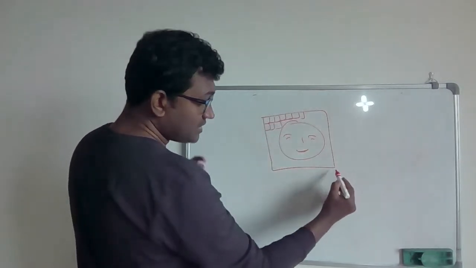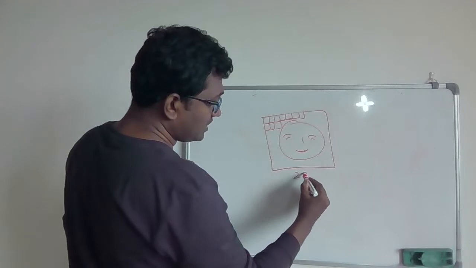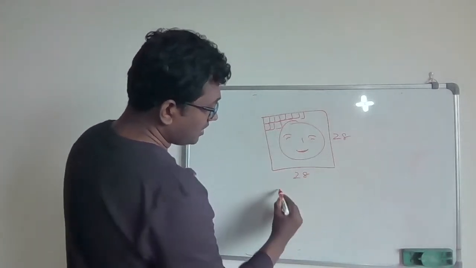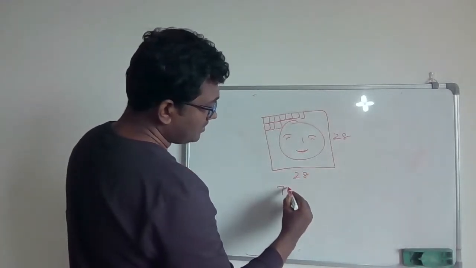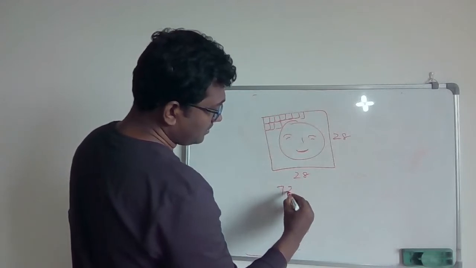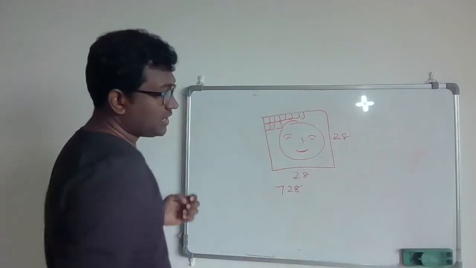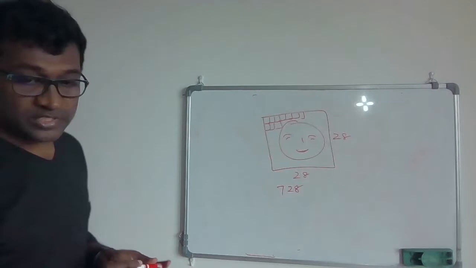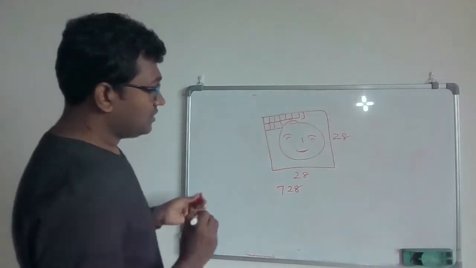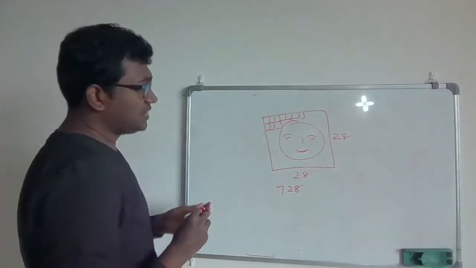The pixels have their own length and width. Let's say it is 28 by 28. It becomes 728, right? 728 pixels in dimension. Is it 728? Okay, yes, whatever it is.